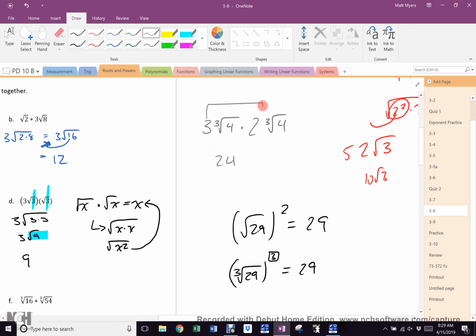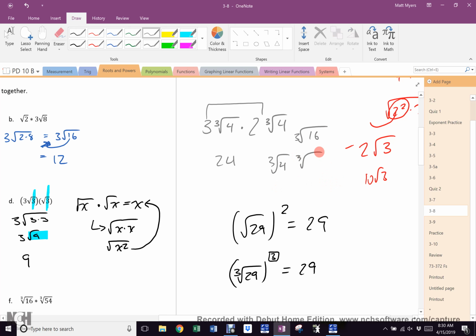Because they did 3 times 2, and they saw they had the same radicand. So they think that cube root of 4 times cube root of 4 equals 4. Because the square root of 4 times the square root of 4 equals 4. This is not true, is it? Because that is the cubed root of what? 16.